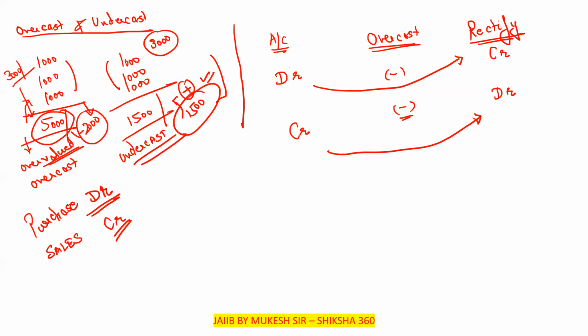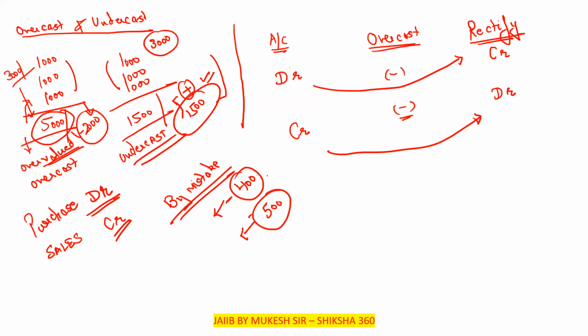I will take one example. Suppose by mistake, we had to debit the purchase account by rupees 400, but by mistake we have debited that account by rupees 500.